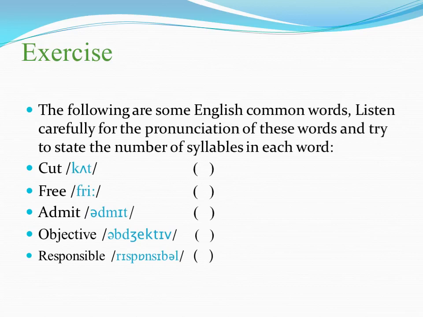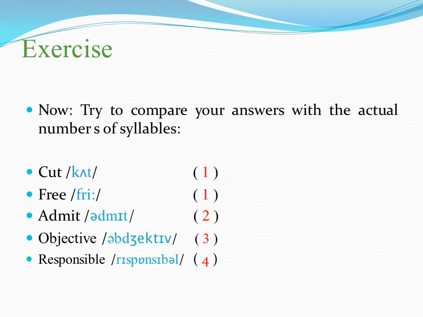Now, have you determined the number of syllables in every word? Let us see. Now, compare your answers with the answers which are presented here. Cat consists of one syllable. Free consists of also one syllable.